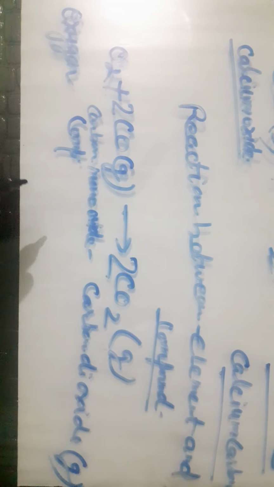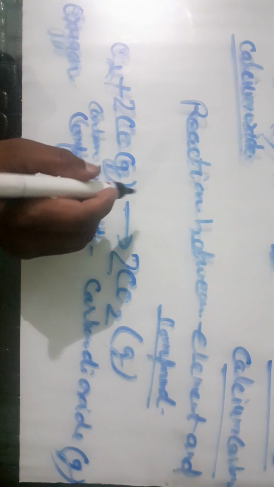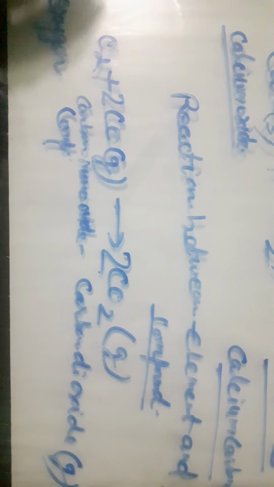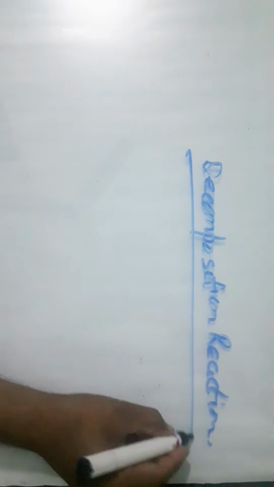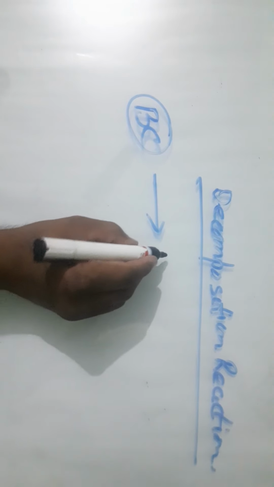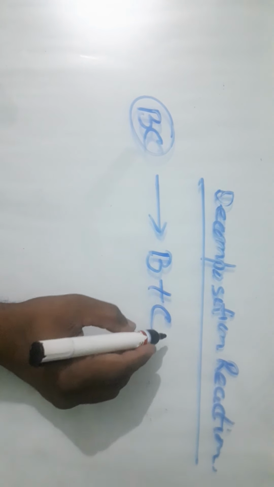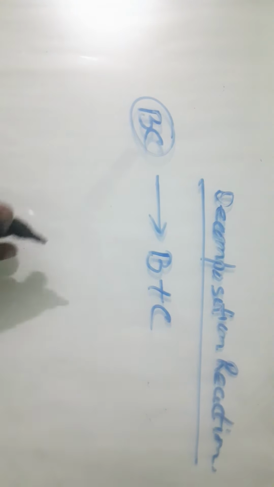So these are some types of combination reactions. Now we discuss the decomposition reaction. In this reaction, a single compound breaks down into two or more elements or compounds.